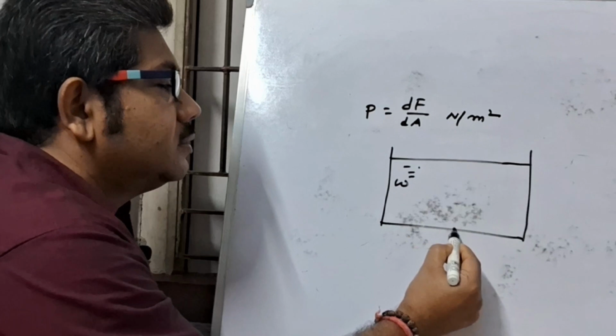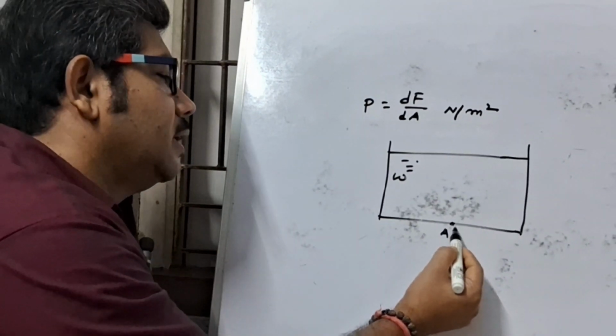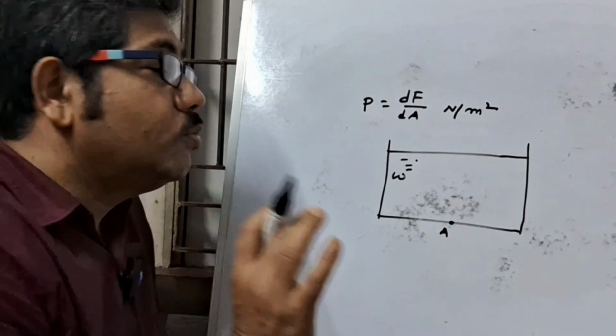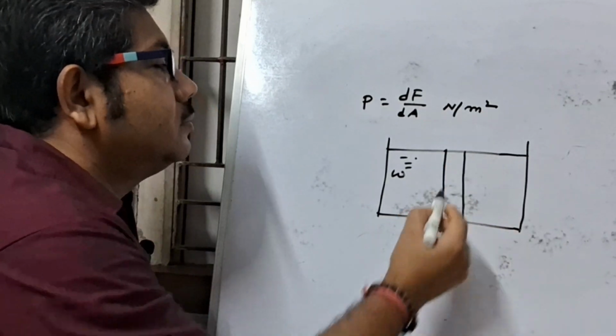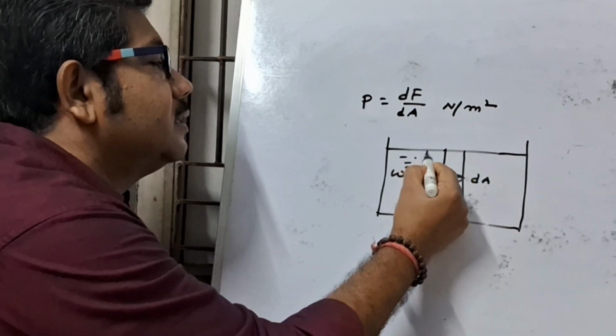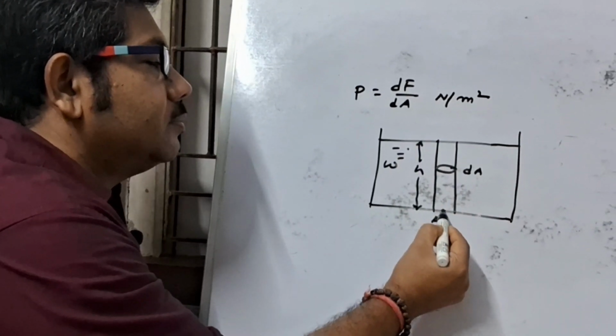Consider a point A at the bottom of the reservoir. Here pressure is to be measured. Now assume a cylindrical column of area dA and height h above this point.